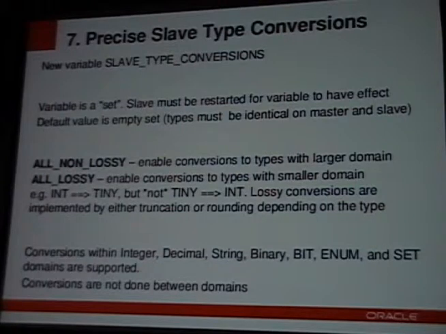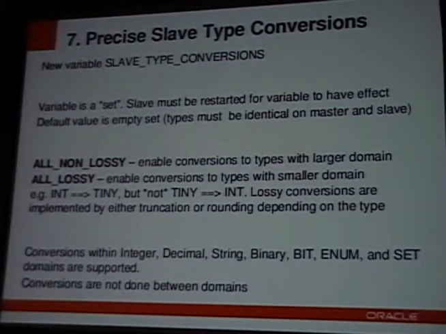So for 5.5 we introduced a new variable, slave type conversions, and you can set this to a set of values. If you include all non-lossy in the set, then you can do conversions to types that have a larger domain. So you can do it from tiny int to int, for instance.